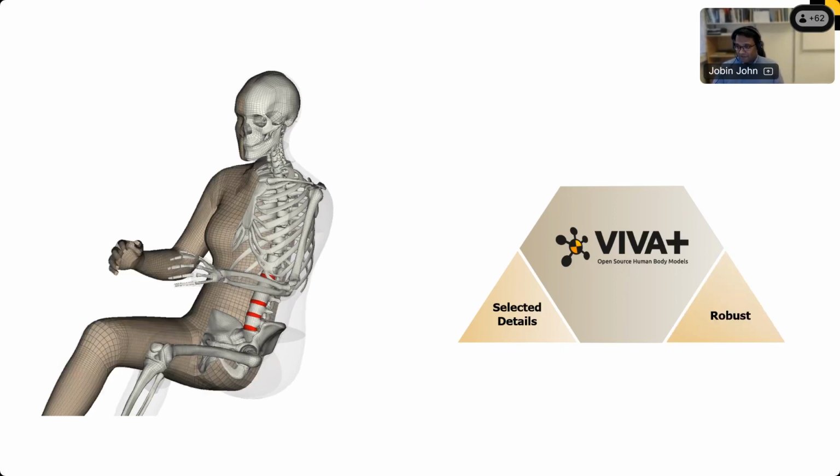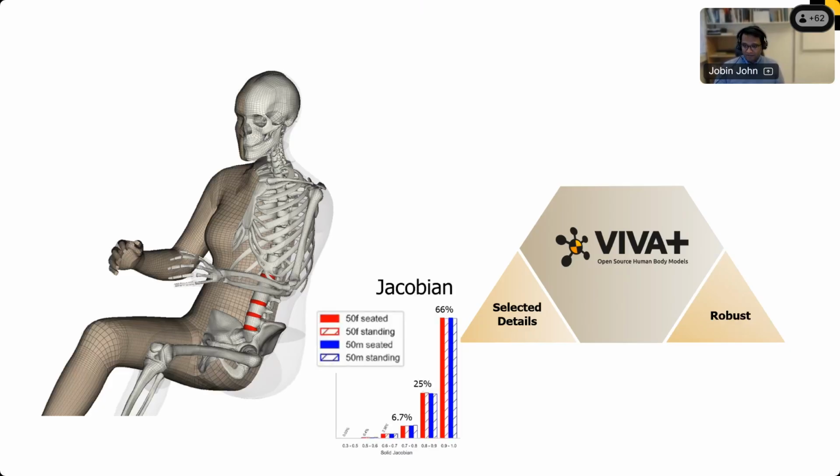We have a high emphasis on robustness. Johan will talk about this a little bit more, but we achieve that by ensuring that the elements and the models are of high quality. You can see here that 66% of our elements have above 0.9 Jacobian, and above 90% have above 0.8 Jacobian, for example.